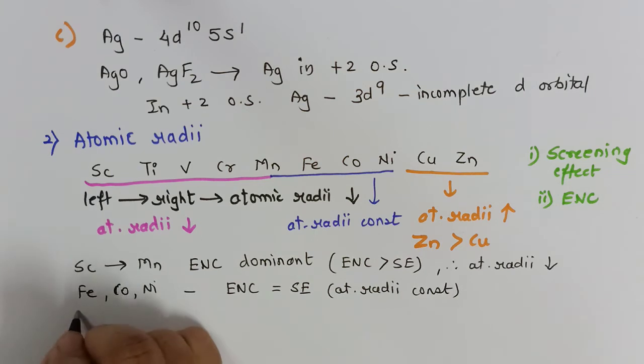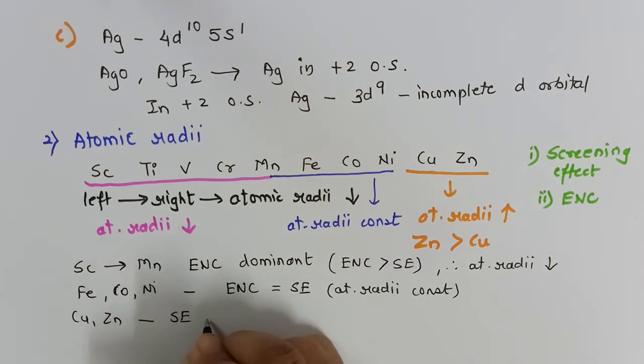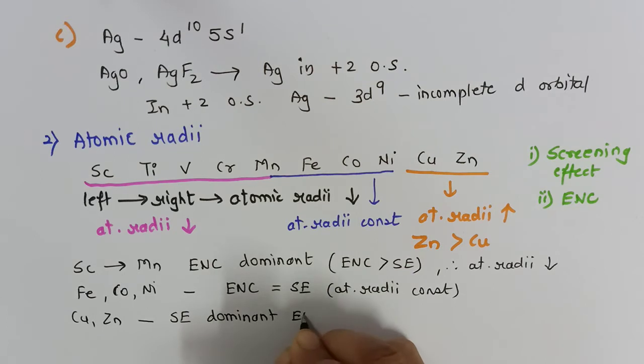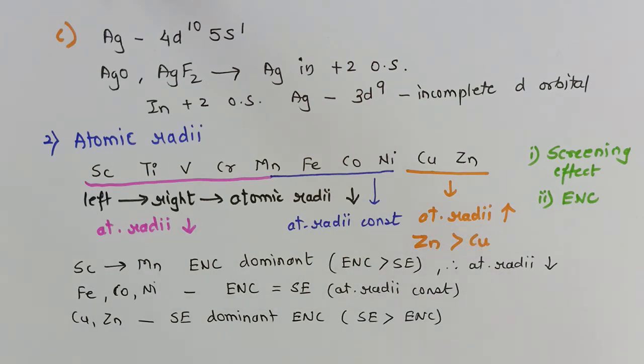Whereas in case of copper and zinc, screening effect is dominant over effective nuclear charge, and therefore their atomic radii increases.